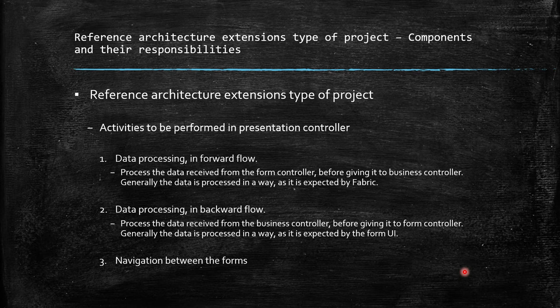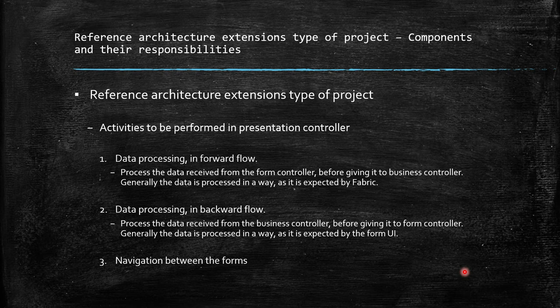In the forward flow, when the user interacts with the widgets on the form, you invoke a function implemented in the form controller to read the data entered by the end user, and from the form controller you invoke the functions in the presentation controller. In those functions, you process the data received from the form controller before giving it to the business controller.